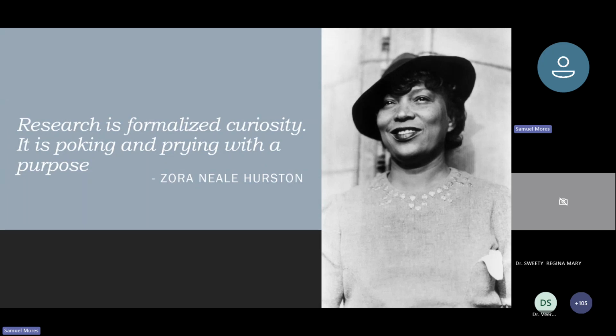But if you talk about academic research, it should be a formalized process. For example, if I write an article and say that India is progressing a lot and I haven't provided evidence, people won't agree to that.